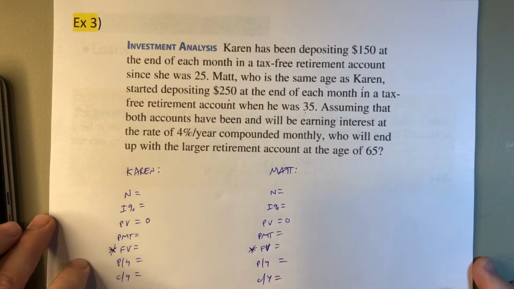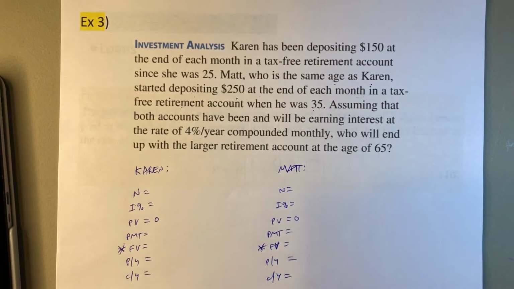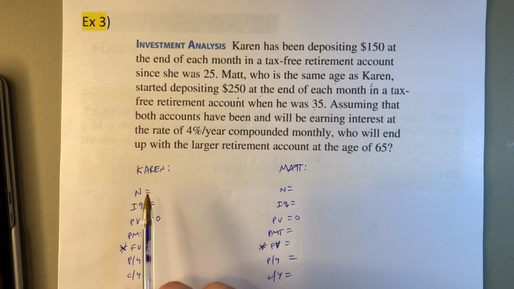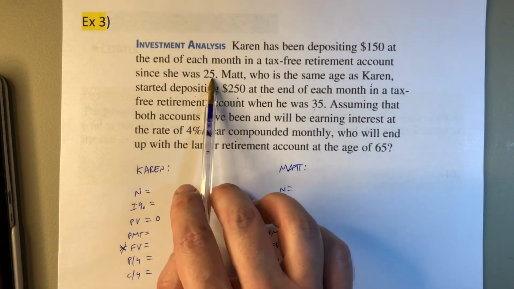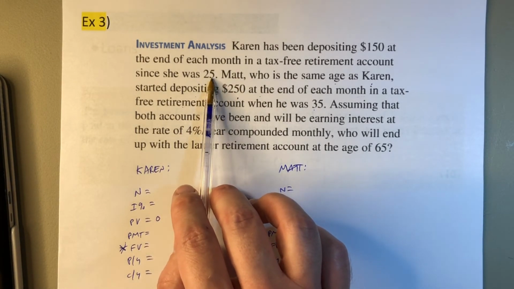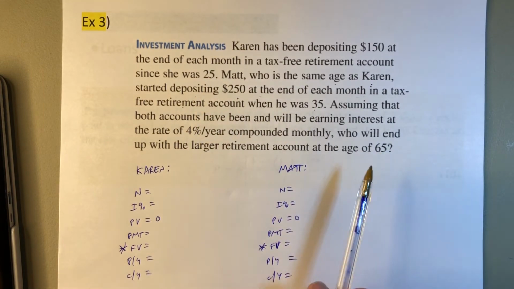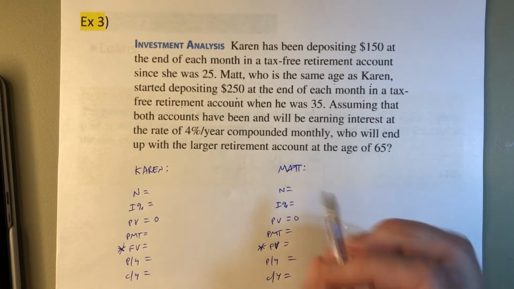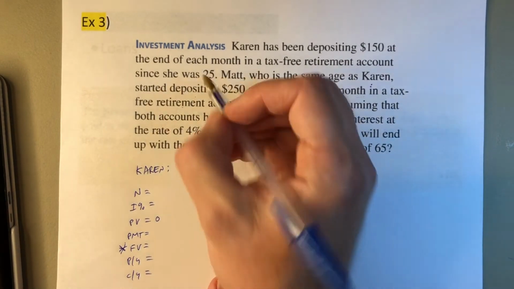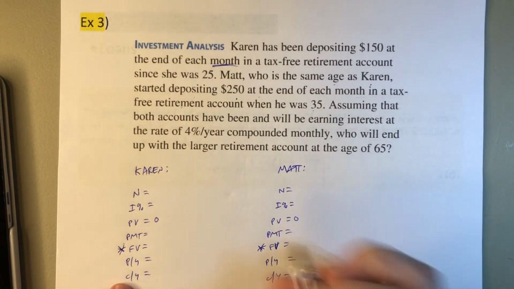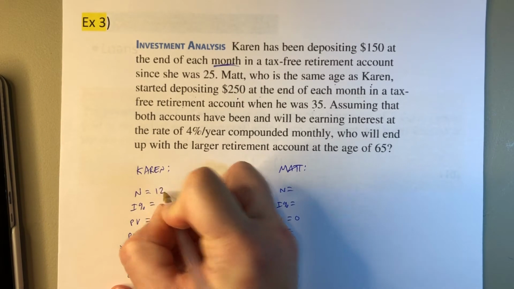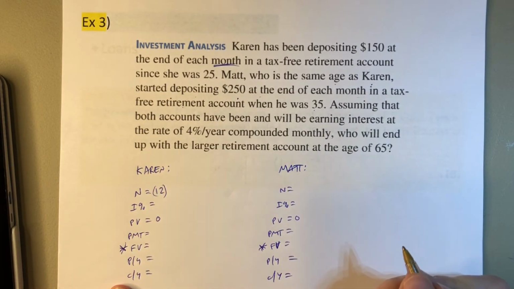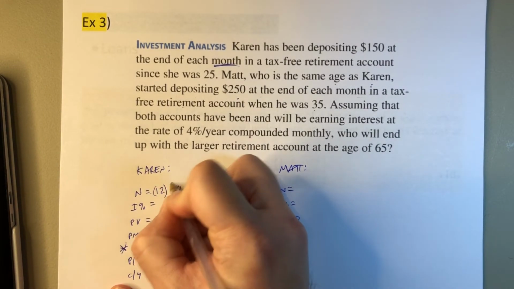So for Karen, N would be what? Since she was 25 and we're going to 65, how many years is that? From 25 to 65, that's 40 years. And she's depositing it monthly, so that's the number of times per year. M is 12. Number of years, T, would be 40 years.